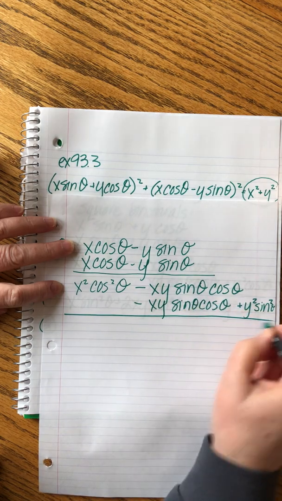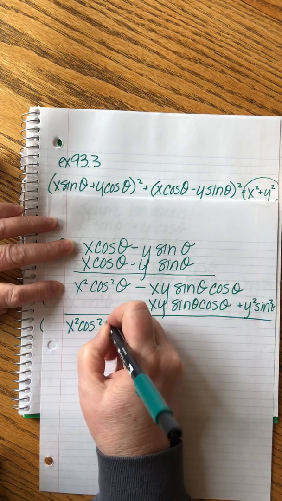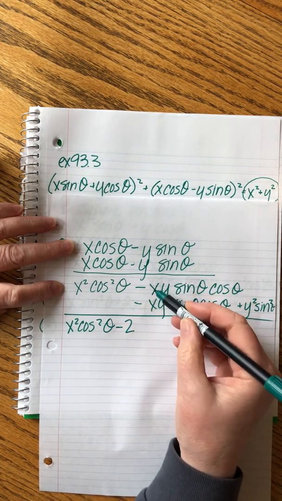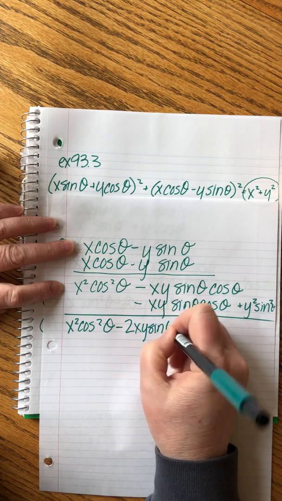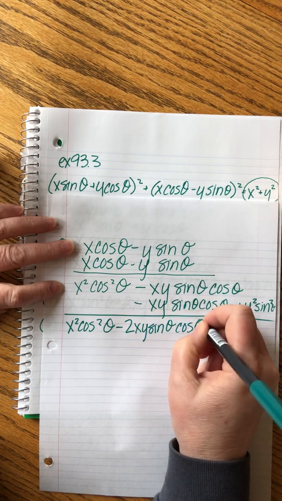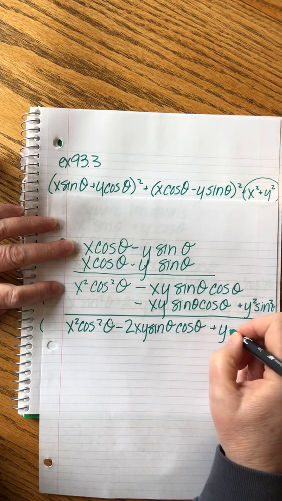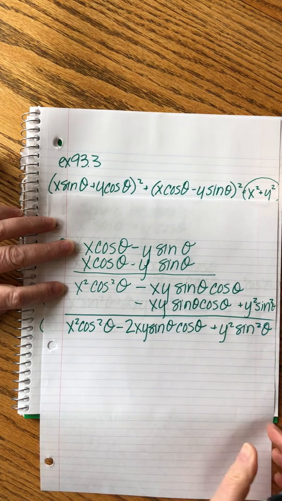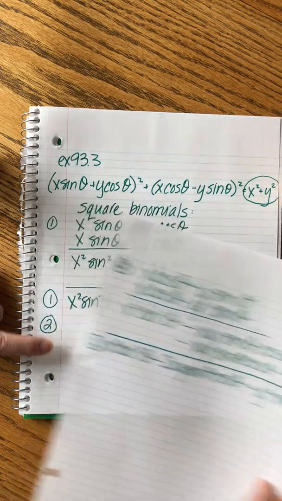Ready to add? Remember, we're adding these, so we have minus 2xy sine of theta, cosine of theta, and then our last little bit plus y squared, sine squared, theta. Okay, this is my answer for the squaring of the second binomial.